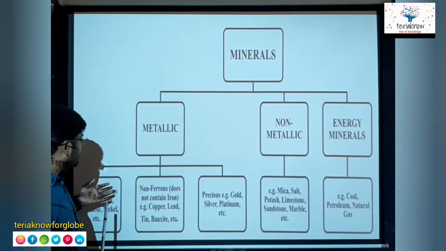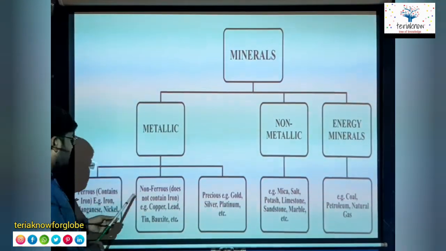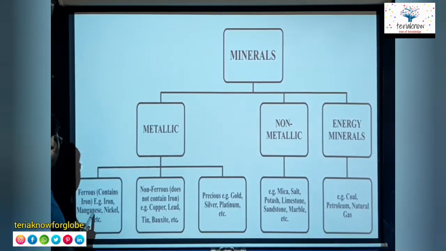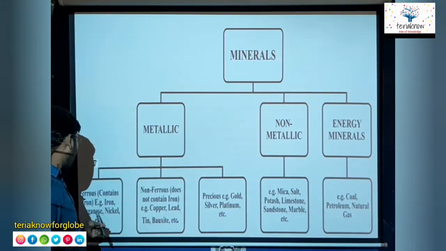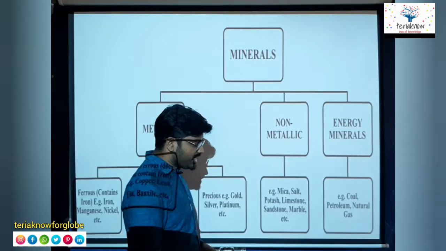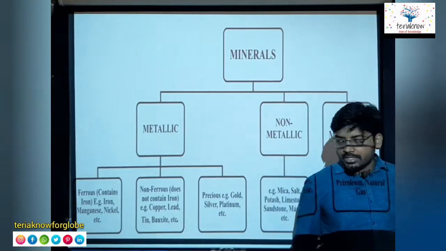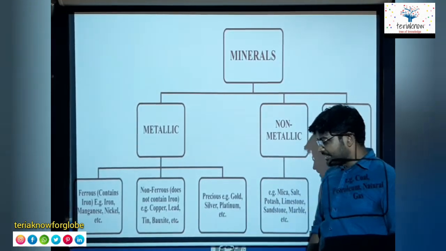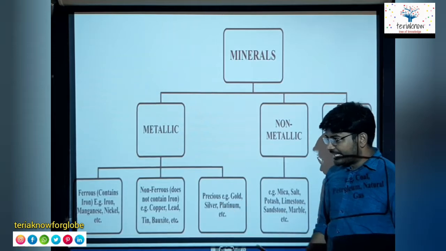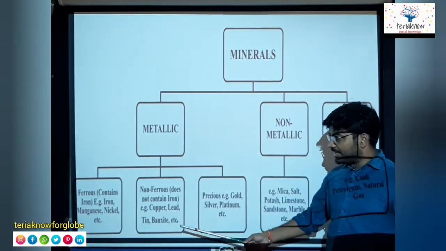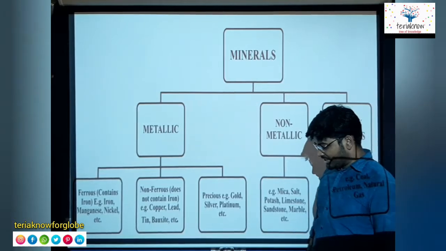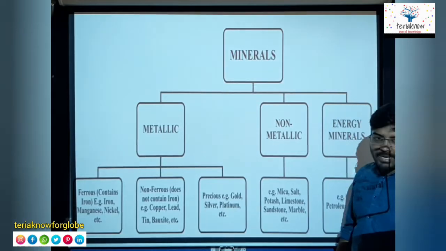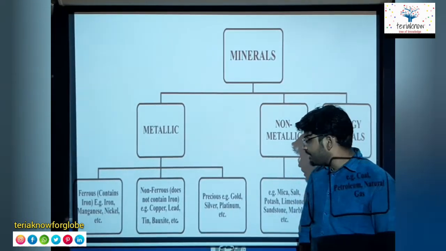Metallics are also having three basic types. One is ferrous, non-ferrous and precious. ऑलराइट, फेरस मीन्स कंटेंस आयरन, आयरन, मैग्नीज, निकेल एक्सेट्रा, these are the ferrous. जिस भी मिनरल्स के अंदर लोहा होता है उसे फेरस बोलते हैं. जिसमें लोहा नहीं होता है that is called non-ferrous. उसके अंदर आप देख सकते हो कि कॉपर, लेड, टिन, बॉक्साइट, these are some of the minerals which is non-ferrous in nature. ऑलराइट, then the precious metallic minerals, that is called gold, silver, platinum.